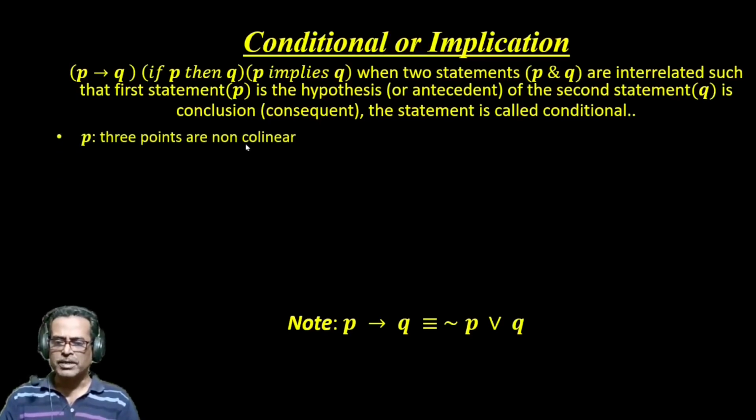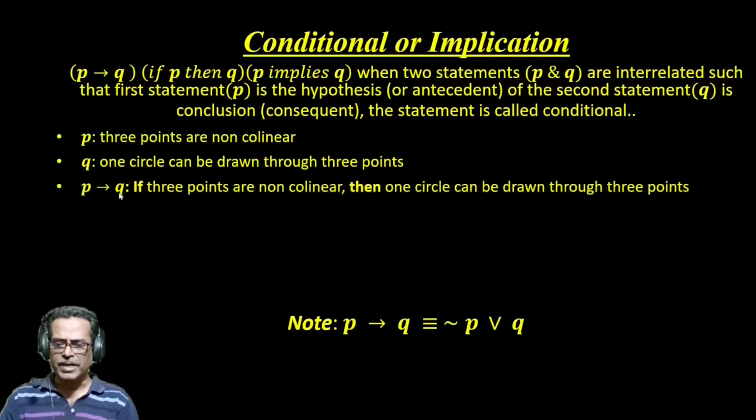Suppose P: 3 points are non-collinear. This is an atomic statement. And Q: one circle can be drawn through 3 points. Now, if we convert it into a conditional statement, then P implies Q is: if 3 points are non-collinear, then one circle can be drawn through 3 points. Here, if and then are the connectives of the statements.